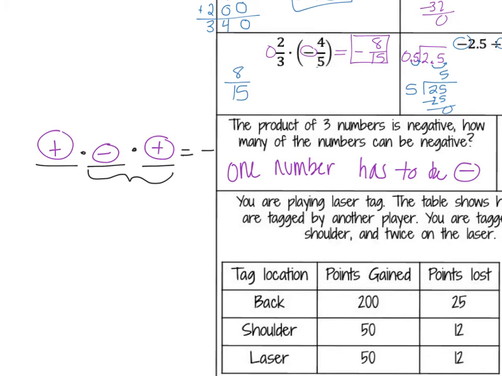And we can double check, not even doing the number math, but just thinking about it. So we have a negative times a positive is a negative. This one's a positive. A positive times a negative is going to be a negative. So it does work.